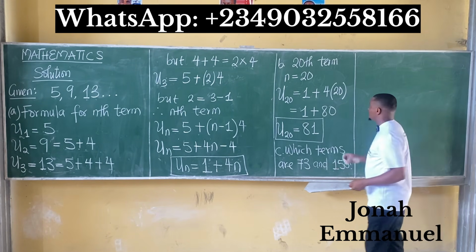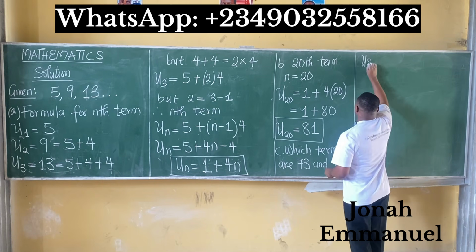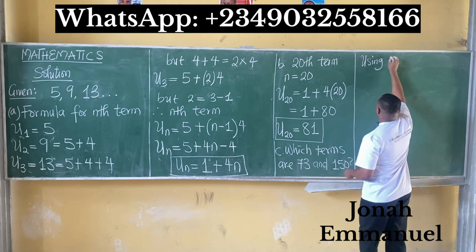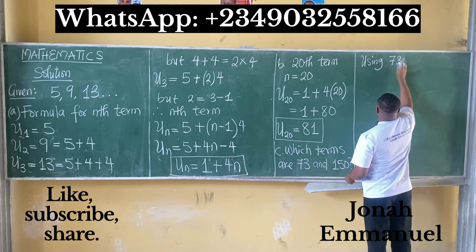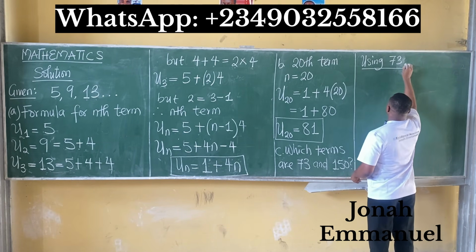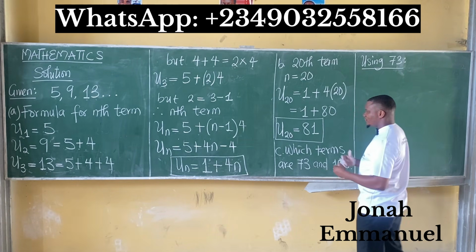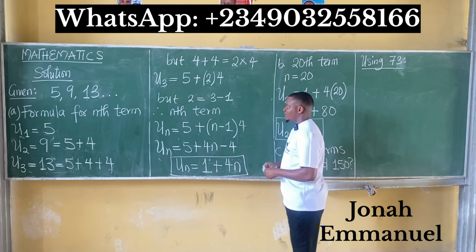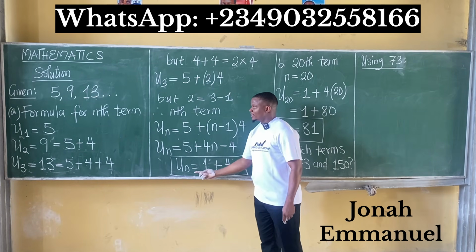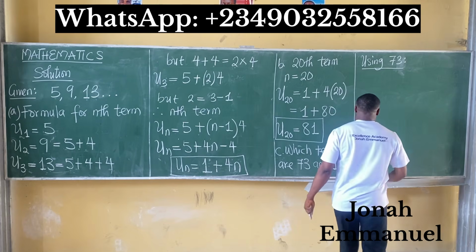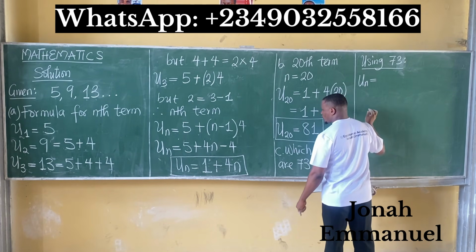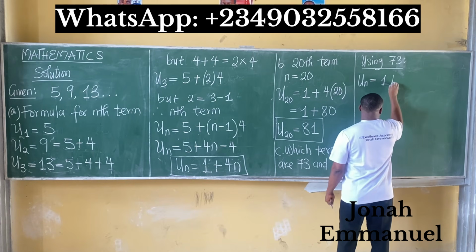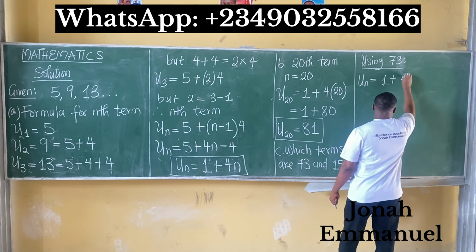Let me take 73. So using 73, which of the terms is 73? How do you solve that? All you have to do is to get your general term, the nth term, which we got here. The nth term we said is u_n equal to 1 plus 4n.